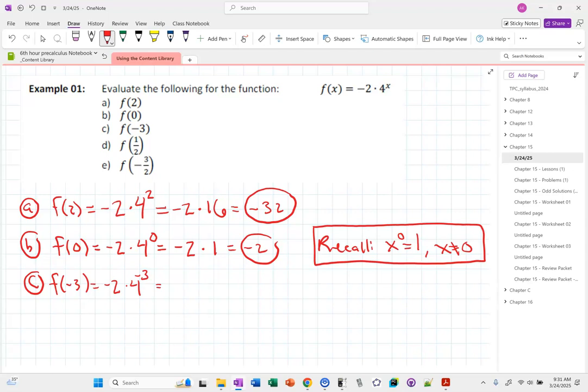It means we need to make a reciprocal. So 4 to the negative 3 is 1 over 4 to the positive 3. And 4 to the third is 64. And then I can just reduce that guy down.